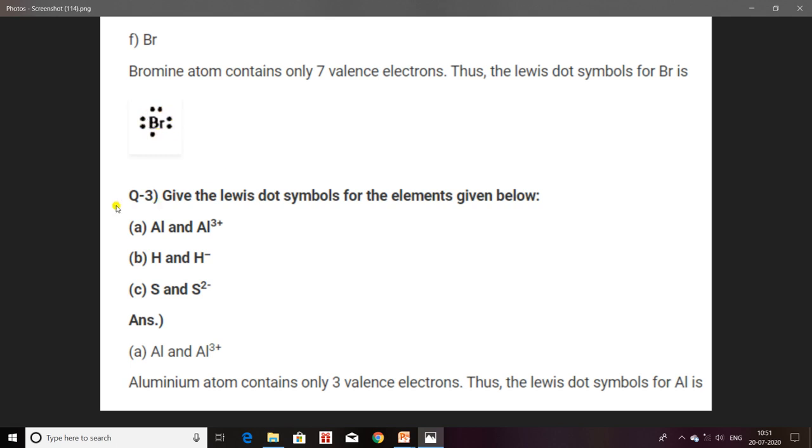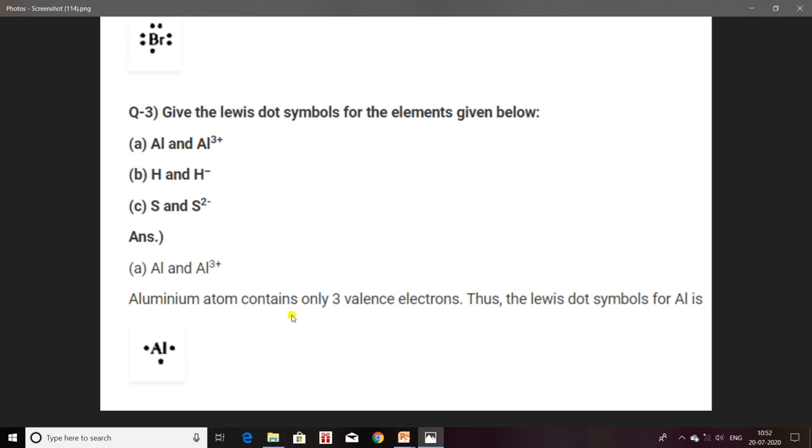Now third question is give the Lewis dot symbol for the elements given below: aluminium and aluminium 3 positive. Aluminium belongs to group number 13, and valence electrons of aluminium is also equal to 3. So here you will represent 3 electrons on aluminium. But in case of aluminium 3 positive, there is deficiency of 3 electrons because there is 3 positive charge.